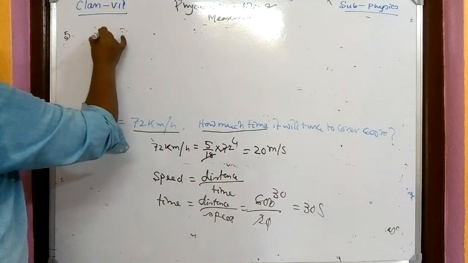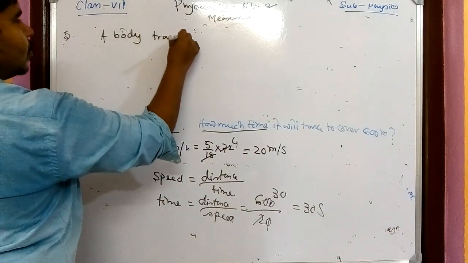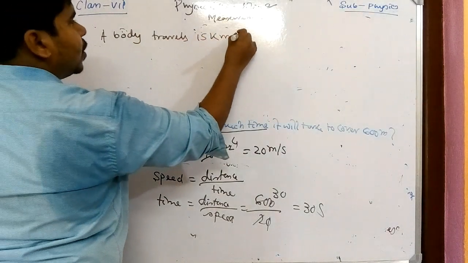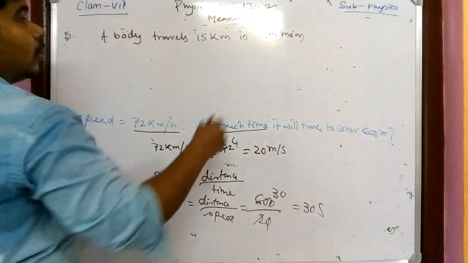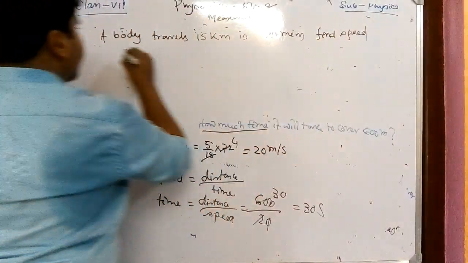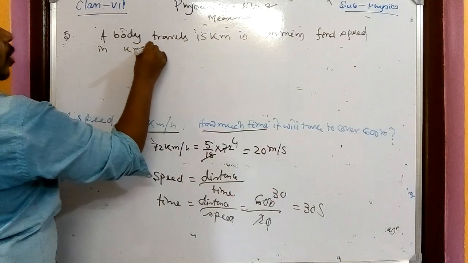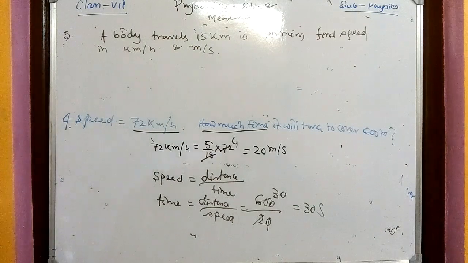Next question, assume a body travels 15 kilometer in 20 minutes. Find speed in kilometer per hour and meter per second. Very interesting question. A body covers 15 kilometer in 20 minutes. Find the speed of the body in kilometer per hour and meter per second.